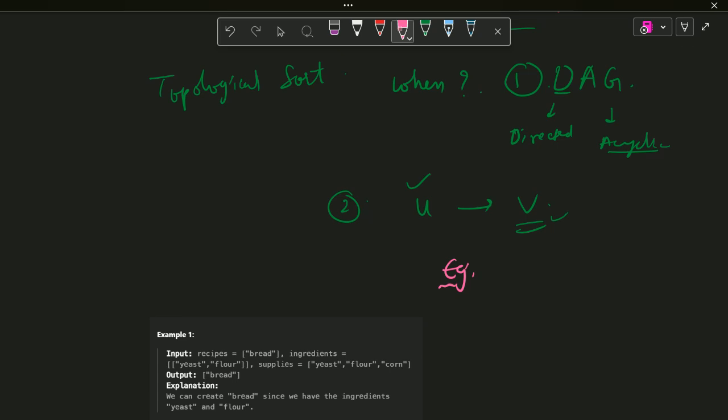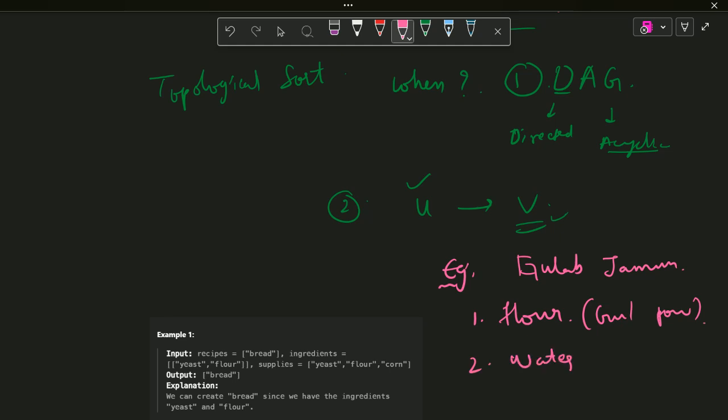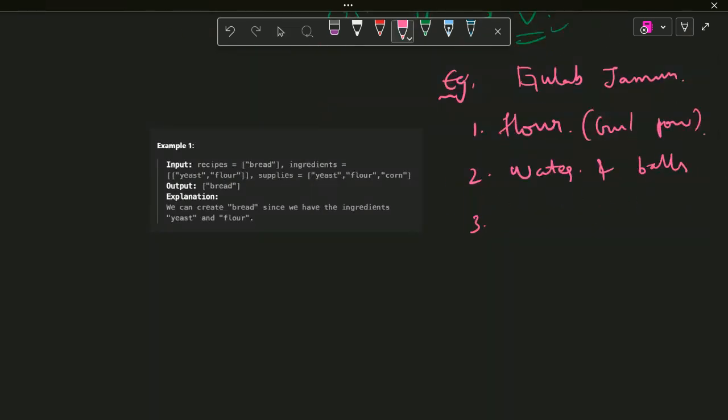Let's take an example of preparing gulab jamun. First, we should take the gulab jamun powder flour. We should mix it with water and make balls. Roast the balls.